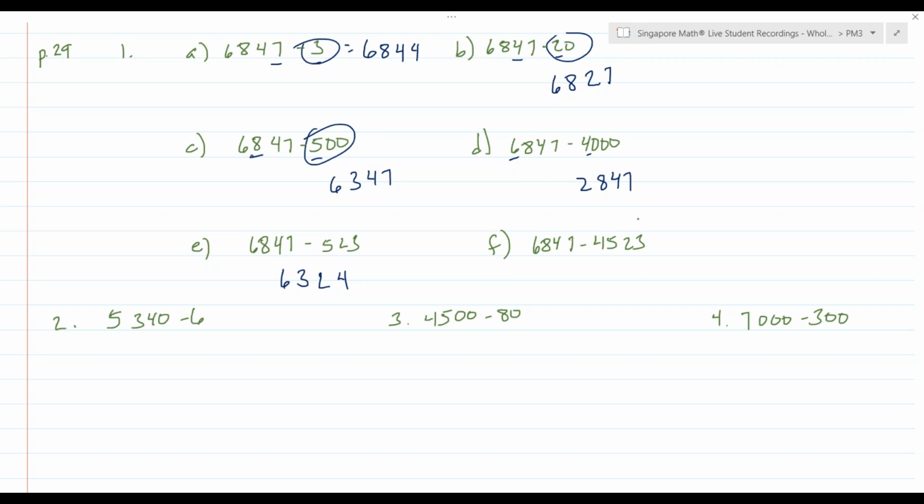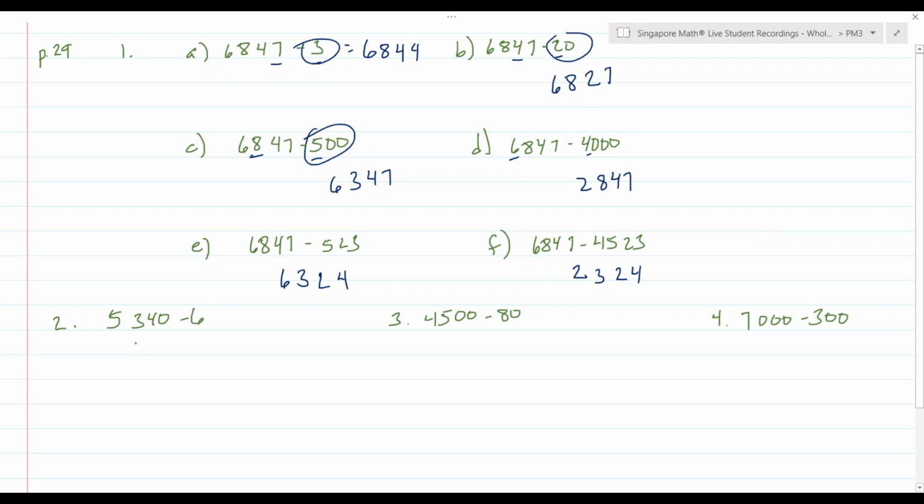And even letter F, when I add the thousands in, I still have enough each time, so it's 2,324. The rest of this page draws pictures to show you how to think about it when you have to combine and make a different 10 out of things, or 100 or 1,000 out of it.